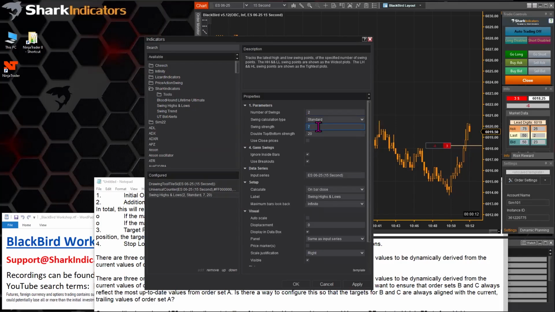I think it's okay to reduce the swing strength here, but since I don't know the entry, or what the entries are based off of, I don't know the trading methodology here. So adjusting the swing strength will have to be determined by the trader to set an appropriate swing strength. I'm just going to take a guess at 5 is probably acceptable here.